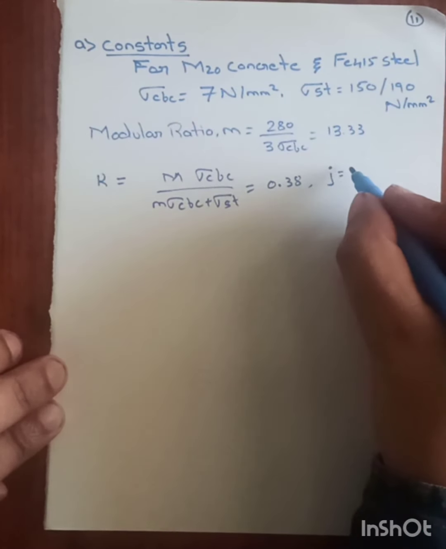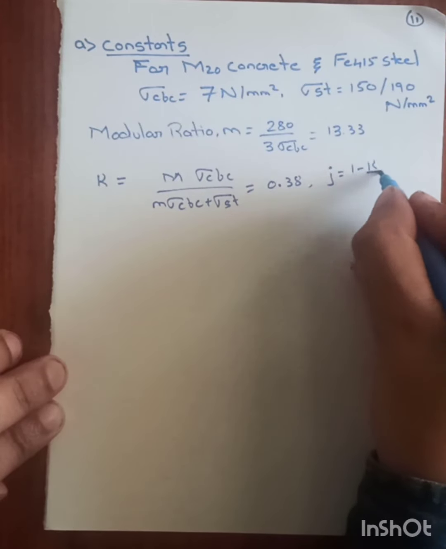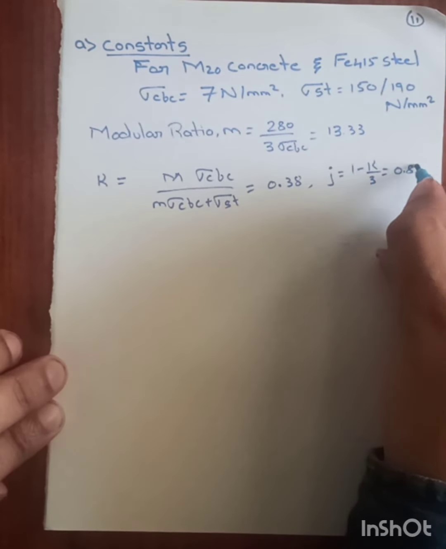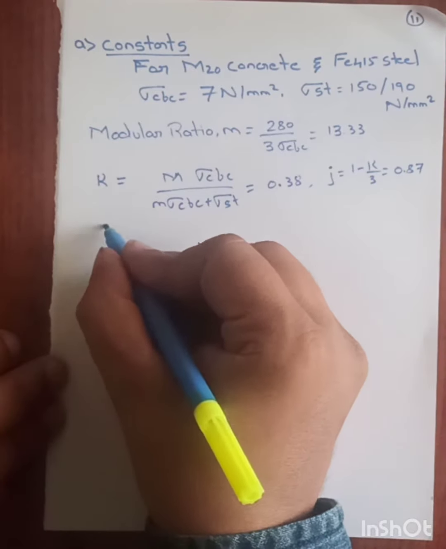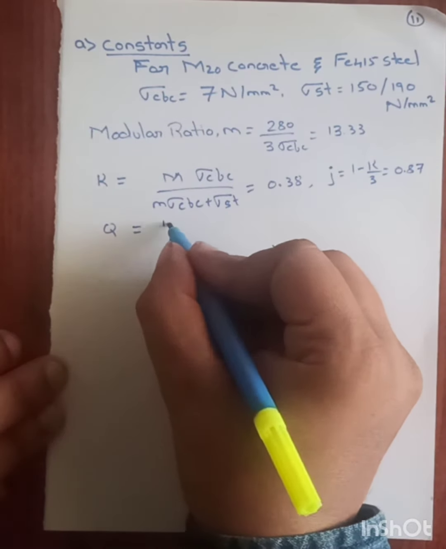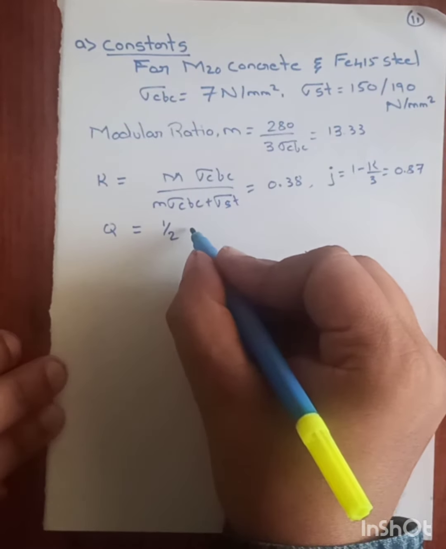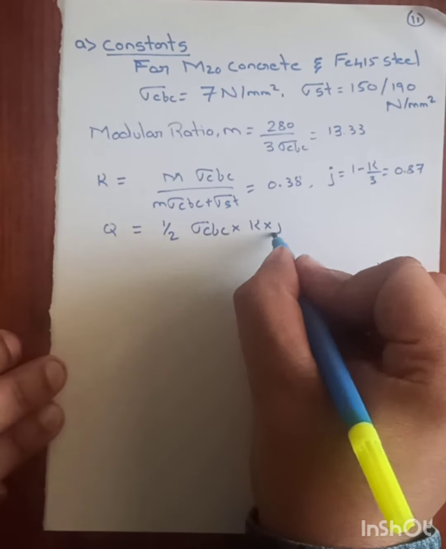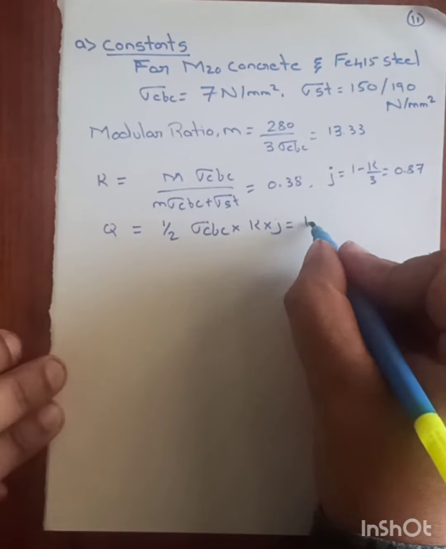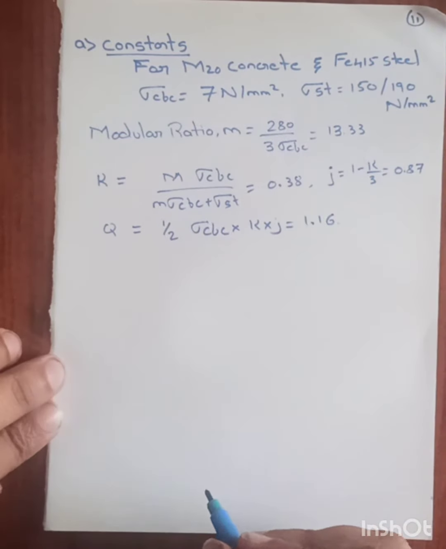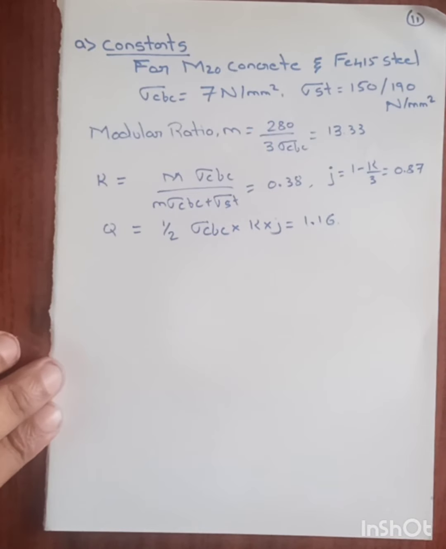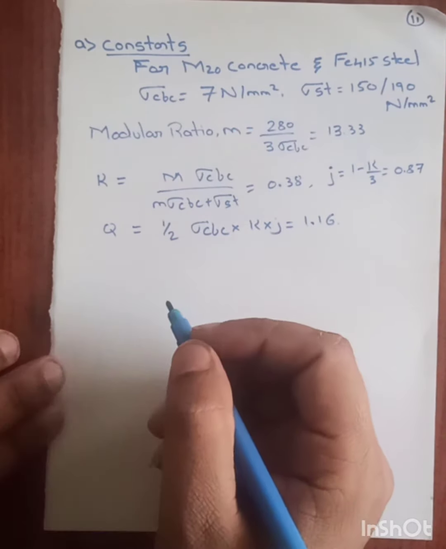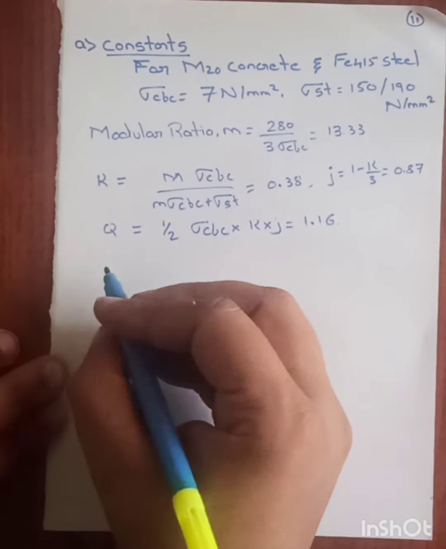Lever arm J is 1 minus K by 3, 0.87, and Q is 1 by 2 sigma CBC into K into J, which is 1.16. So these are the constants for M20 grade concrete and Fe415 steel. Now the dimensions of the water tank are given in the question, but height is not given, so let us find the height.